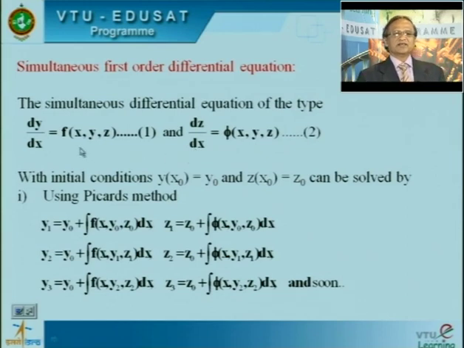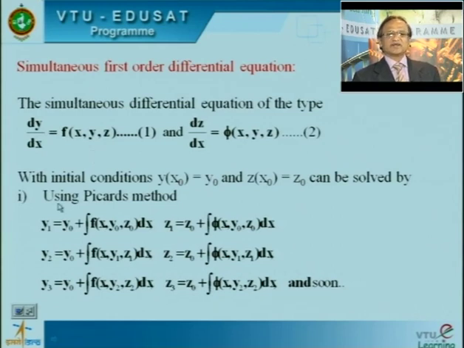Here x is the time, y is the position and z is the velocity. That is the meaning of function of x, y, z. Suppose the given equations are like this, or a given second order differential equation can be reduced to this form, how do we find the solution?